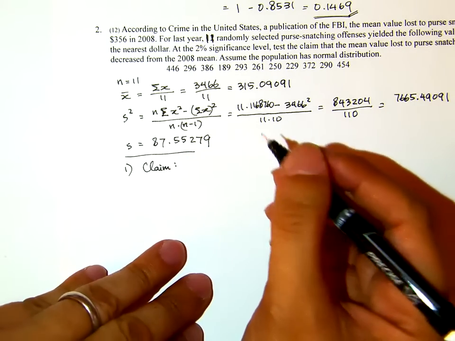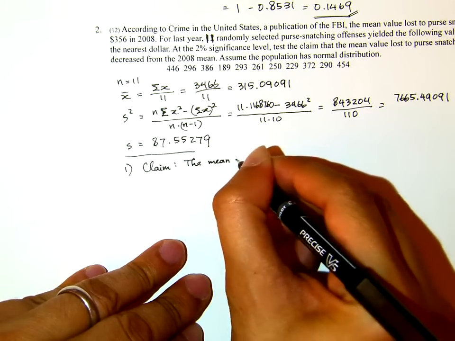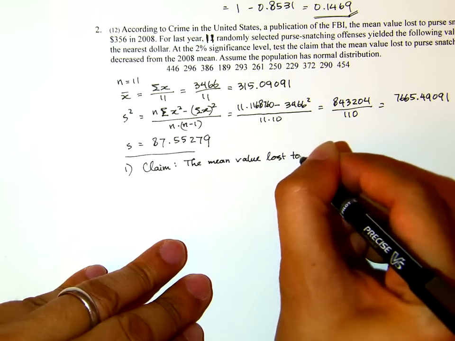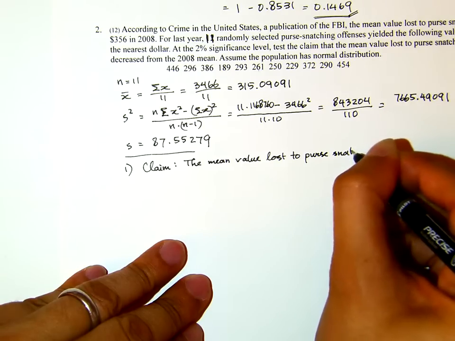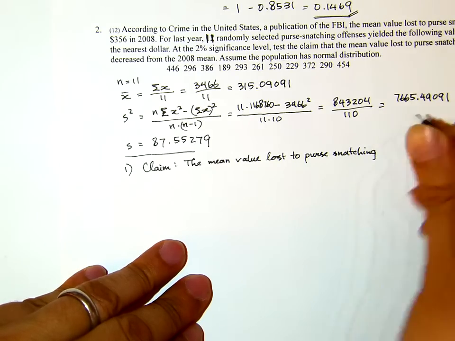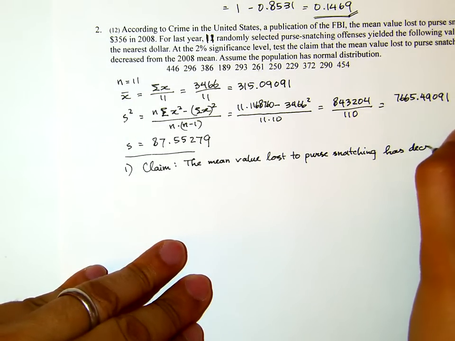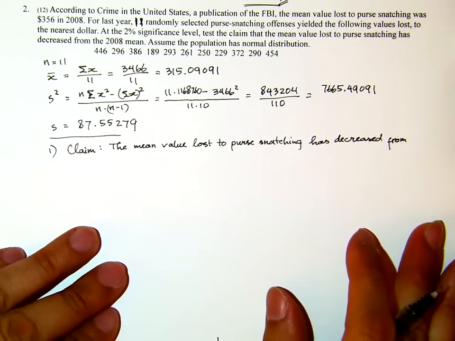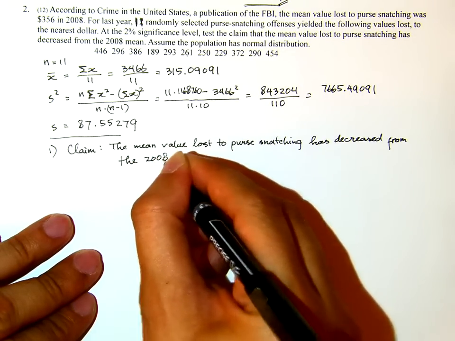The claim is that the mean value loss to purse snatching has decreased from the 2008 mean.